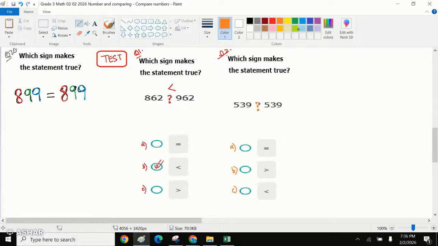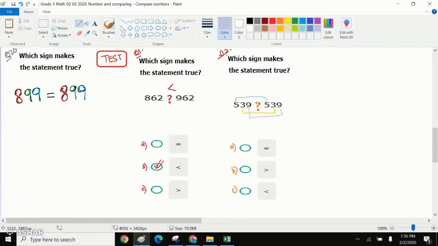So can we say that the hundreds is same, the tens is same, right? And what about the units? If both the 3 digits number have the same hundreds, tens and unit, right?